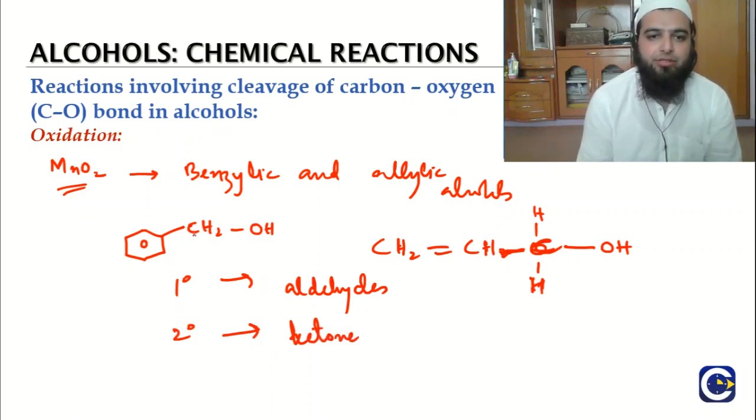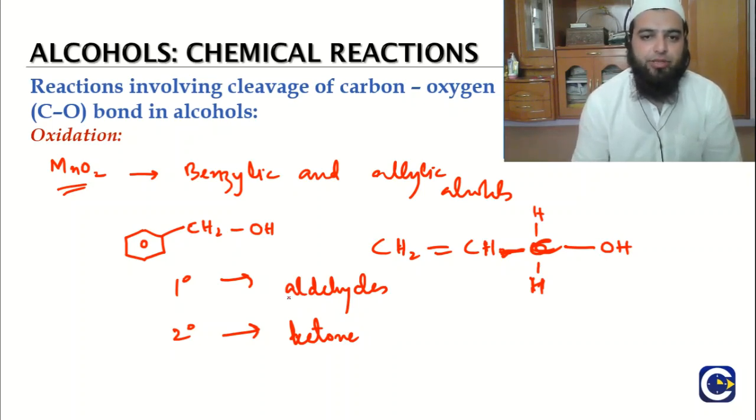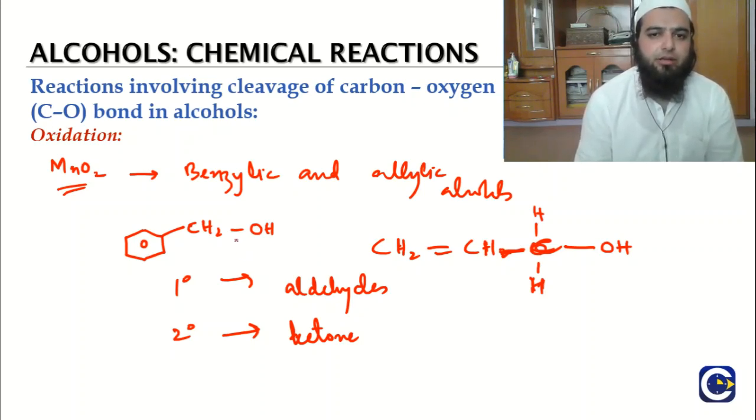If this carbon is primary, then it will give an aldehyde. If this carbon is secondary, then it will give a ketone as the product. Similar is the case with this carbon. We'll understand when we discuss the problems on reagents, and we'll get a clear picture at that time.